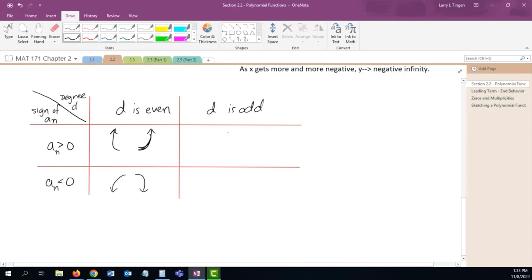If the degree is odd and my leading coefficient is greater than 0, as x grows, my function grows. And as x goes toward negative infinity, my function dives to negative infinity. Why does it do that?